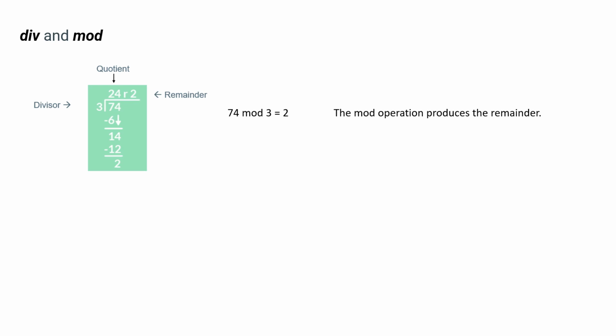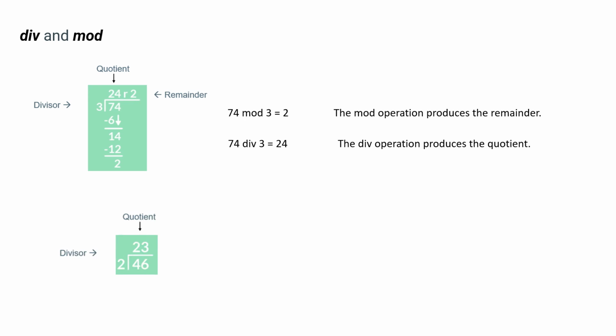So the modulus operation results in that remainder that we would have got if we had gone through this long division. But 74 div 3 would end up being that quotient that you would get before the remainder. So the div operation produces the quotient. The mod operator produces the remainder.